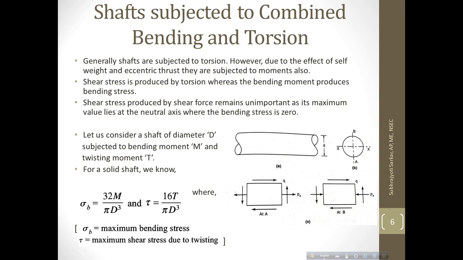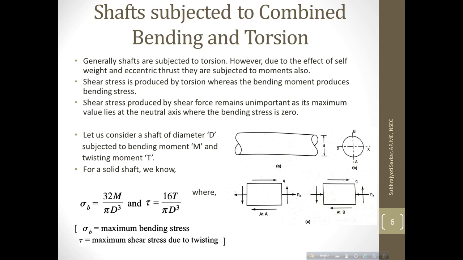Now due to the bending moment there is also a shear force produced. So shear stress is also produced from that shear force, because the bending moment is caused by that shear force only. But in this case we will not take into account the shear stress produced from the shear force. Why?